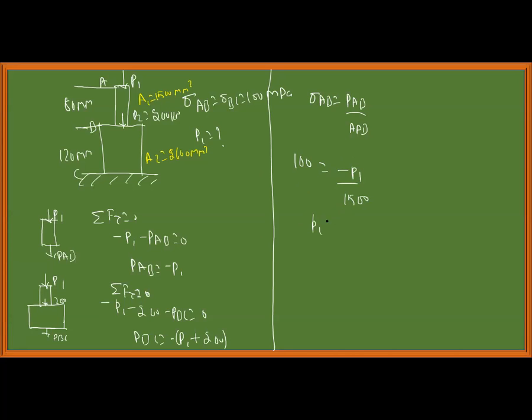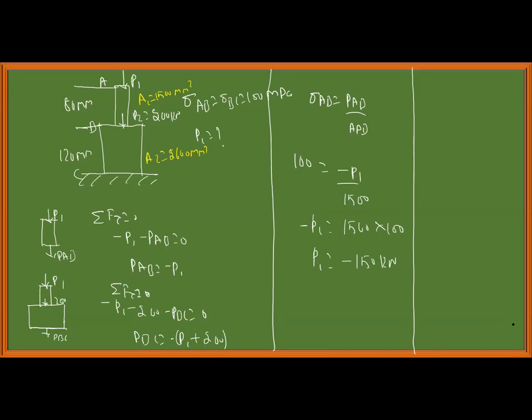Forget about the sign, minus P1 or whatever; if you want, you can write P of AB as minus P1. Therefore minus P1 is equal to 1500 into 100, so P1 is equal to minus 150 kilonewton. Forget about the sign, it will not matter. P1 is equal to 150 kilonewton.